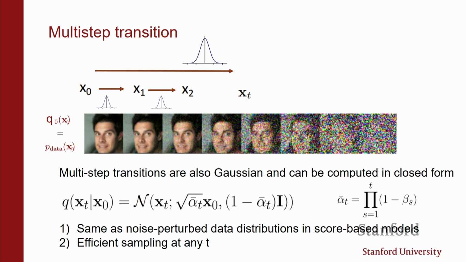If these q's are arbitrary neural networks, there is no way for you to jump from x0 to xt in one step. The fact that these q's are very simple and you can compose them in closed form allows you to get a very efficient training process. So not all hierarchical VAEs would be efficient to train, but this is a particular type of hierarchical VAE, and there are certainly some that would be efficient.